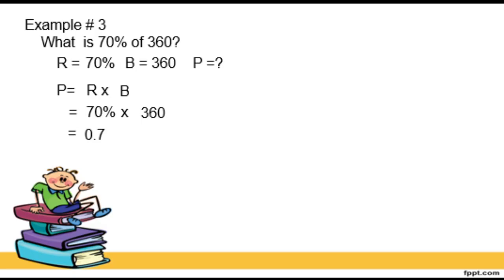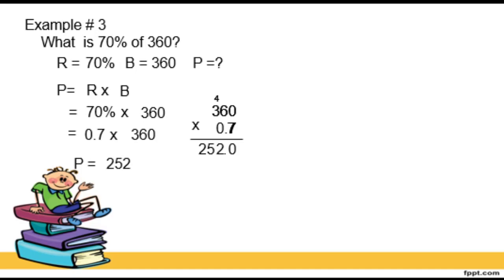So 0.7 times 360 is equal to 360 times 0.7. 7 times 0 is 0, 7 times 6 is 42, carry 4, and then 7 times 3 is 21, plus 4 is 25. So again, how many decimal places? 1. So 1.